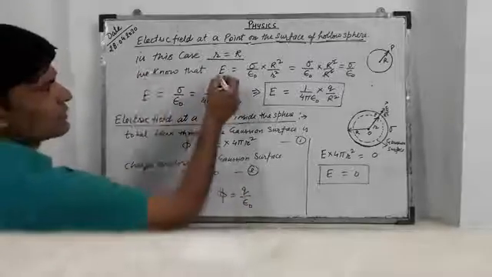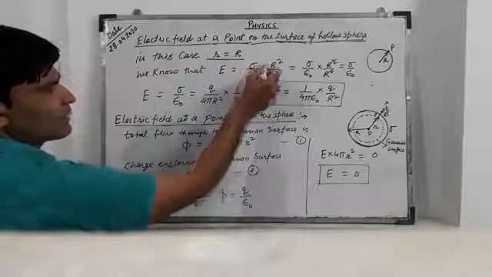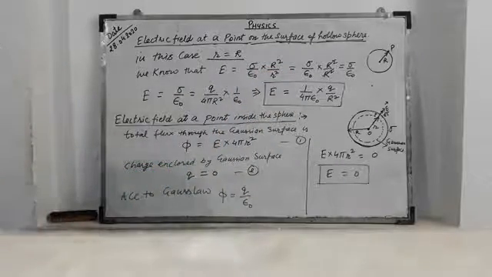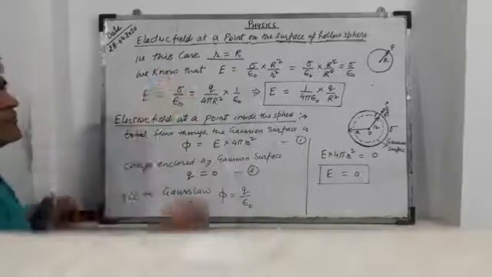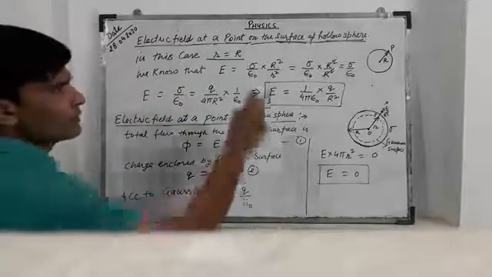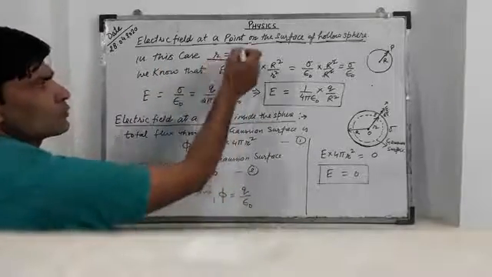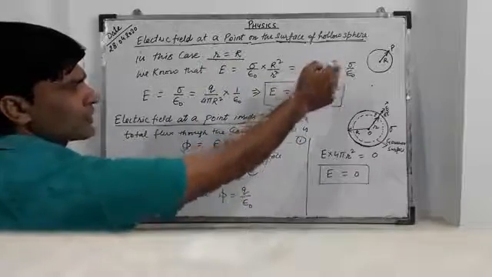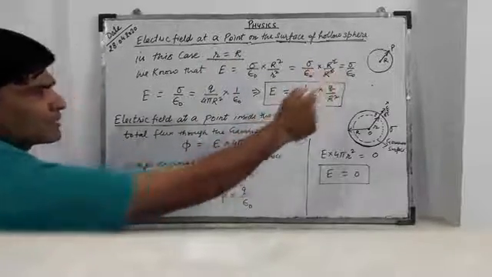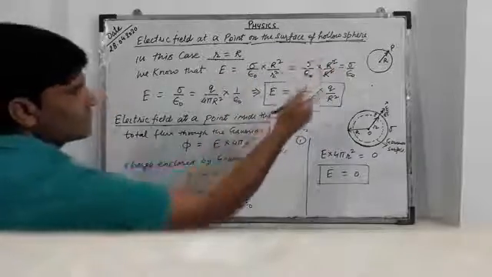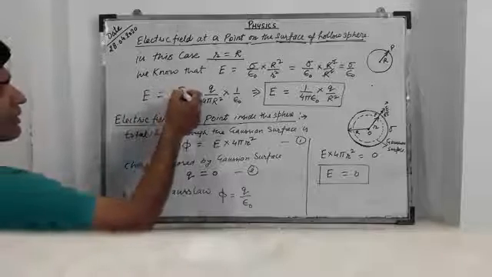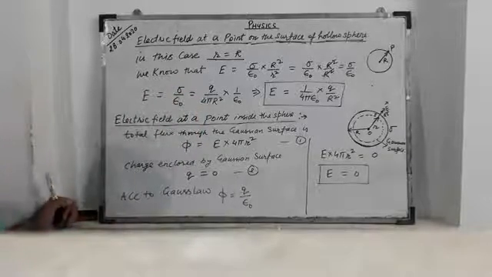We know that E is equal to sigma upon epsilon naught times capital R square upon small r square, as we have discussed in the first case. Then put the value of small r. Then we get sigma upon epsilon naught capital R square upon capital R square. So the value of the electric field is E equal to sigma upon epsilon naught.